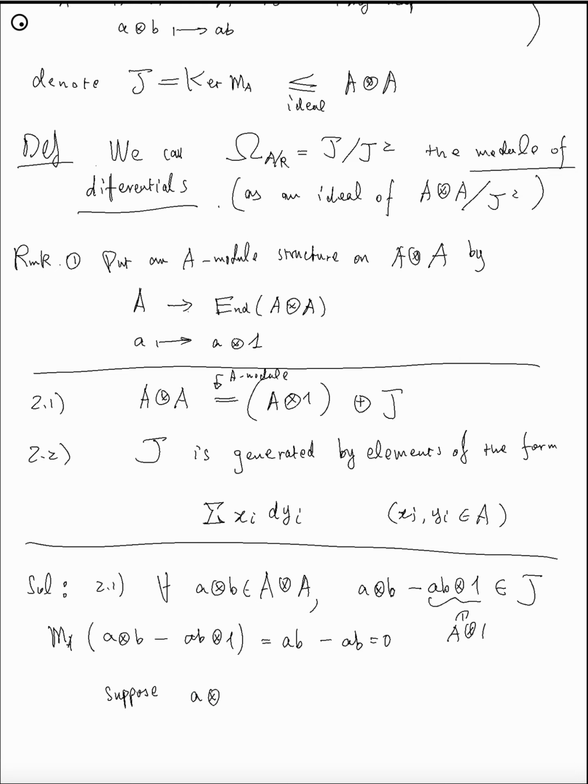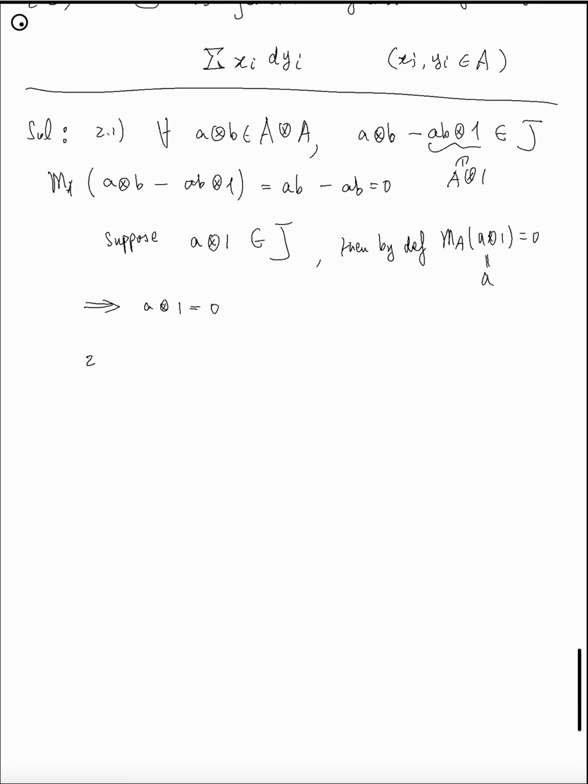Suppose a tensor 1 is in J, so the element is in their intersection, then by definition M_A of a tensor 1 is 0. This is just a, so a equals 0, and so this is 0 at the beginning. We proved 2.1, let's prove 2.2.